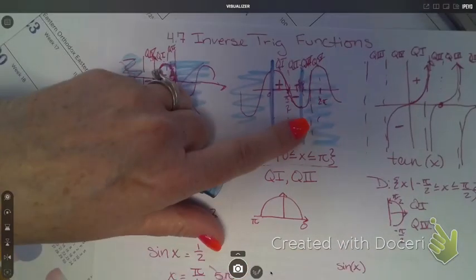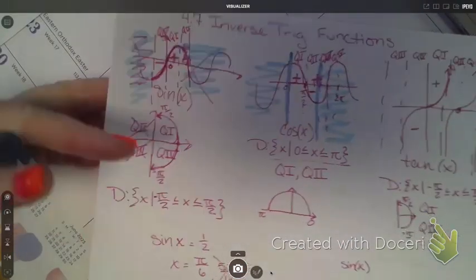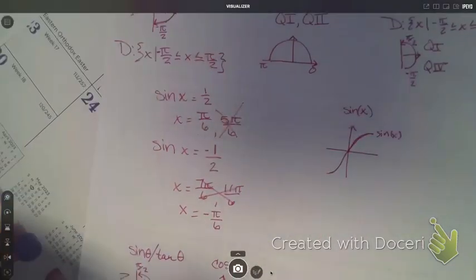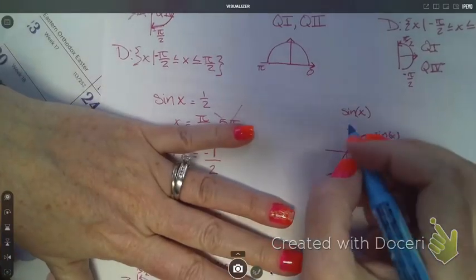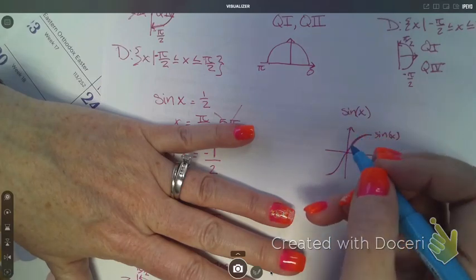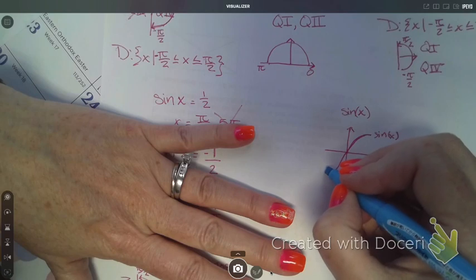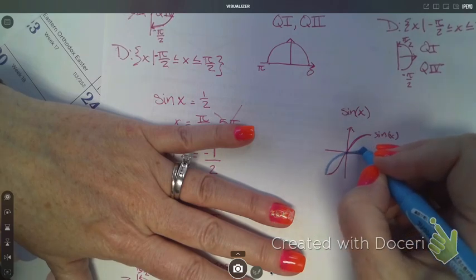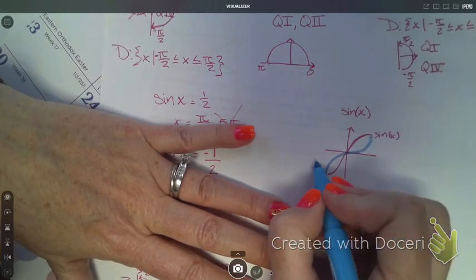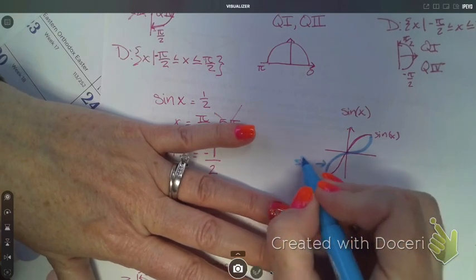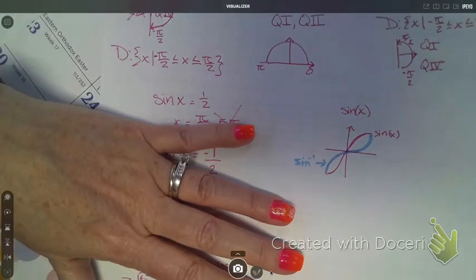You can see this blue highlighter, right? That is inverse sine. Remember, inverse is just that -1.